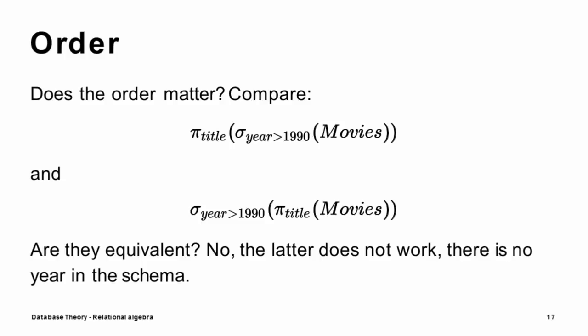Then you start to ask for whether the year is larger than 1990 or not, but that's not okay because you told the relation that you're only interested in the title, so the year doesn't exist at that point. So the top one was the example we had before, and the lower one here doesn't work. So order matters.